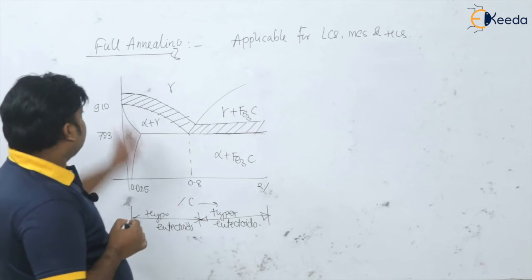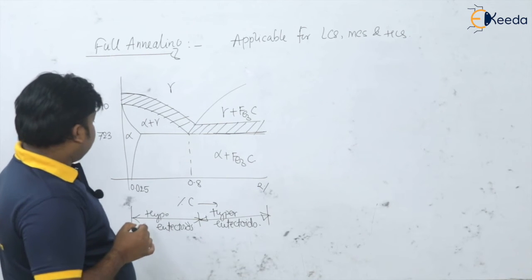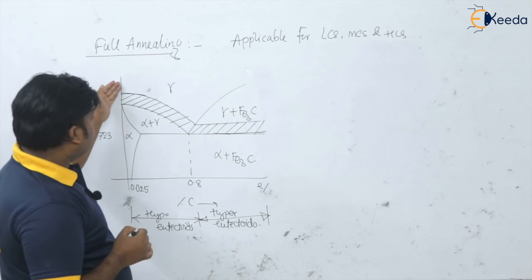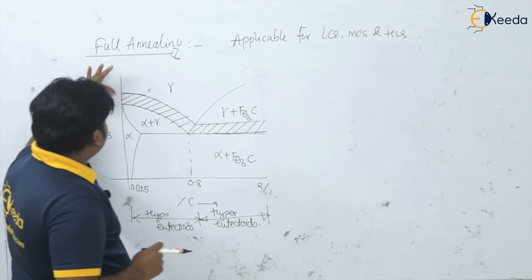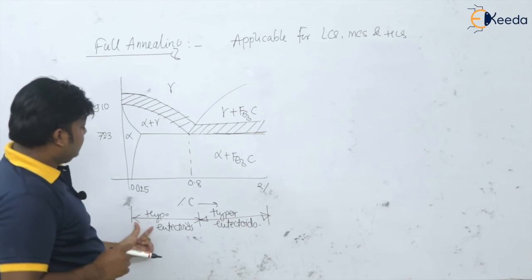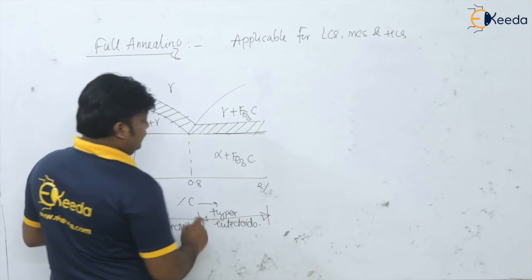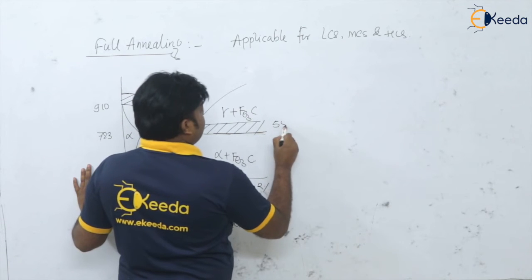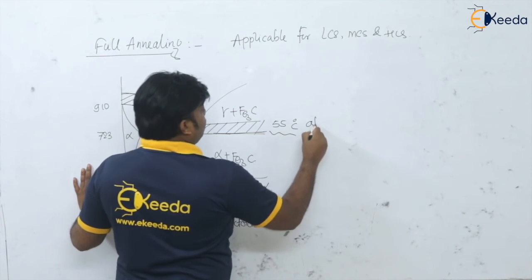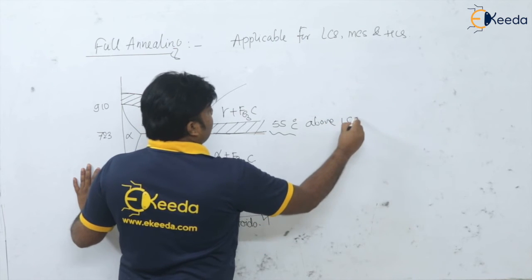Please remember, in full annealing, for the hypoeutectoid steels we are heating 50 degree centigrade above the upper critical temperature, and for hypereutectoid steels, 55 degree centigrade above the lower critical temperature.